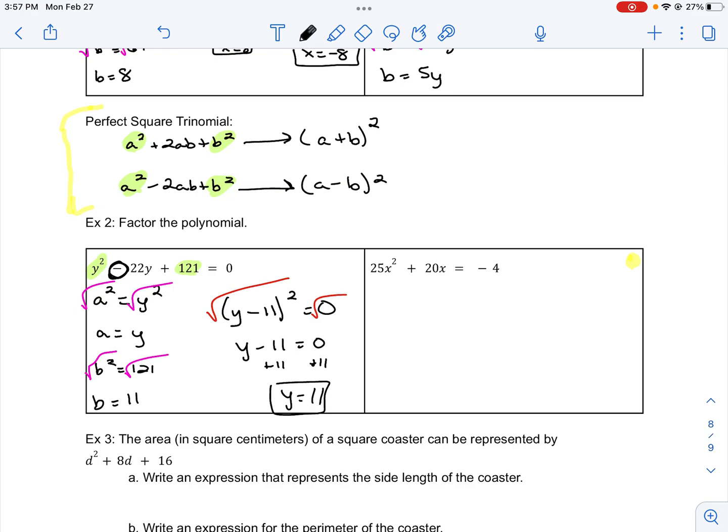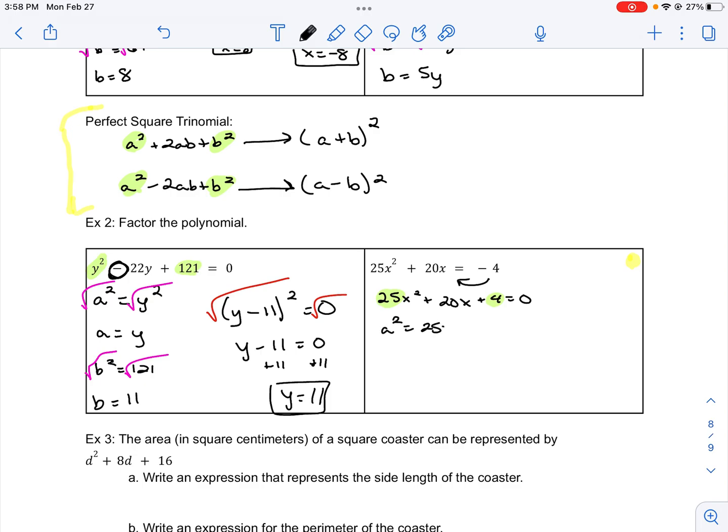Now on the right side, same concept applies. First off, we need to move the 4 over, and we have to move the 4 over because everything has to equal 0. All right, now we can go through. I can see here I have a perfect square with the 25 and the 4. So I'm going to go ahead and apply this.